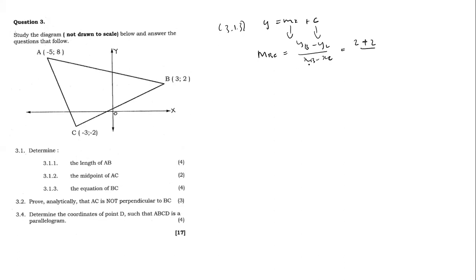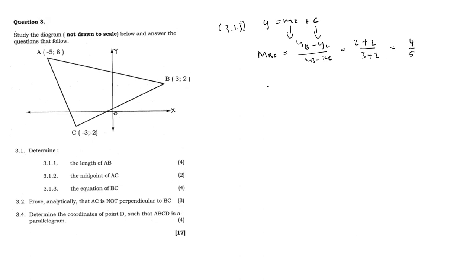And therefore x of B is positive 3, and then x of C is negative, so positive and negative is negative, positive 2. Now we're going to have 4 and we're going to have 5. So our gradient will be 4 over 5.